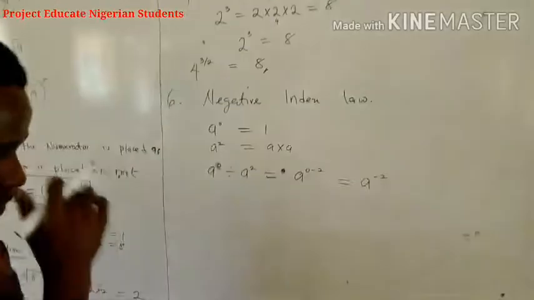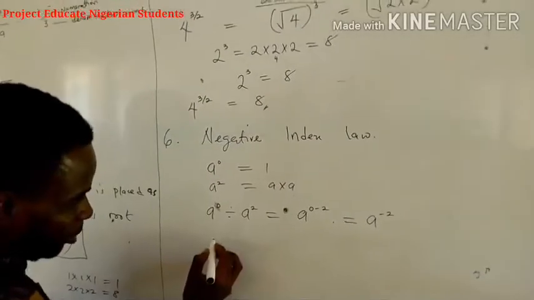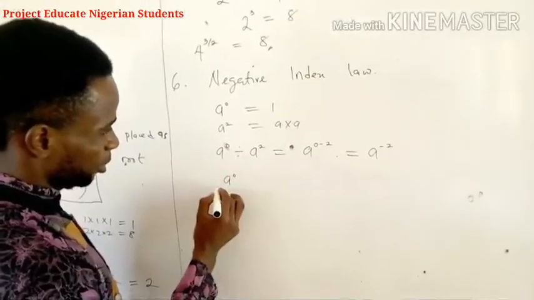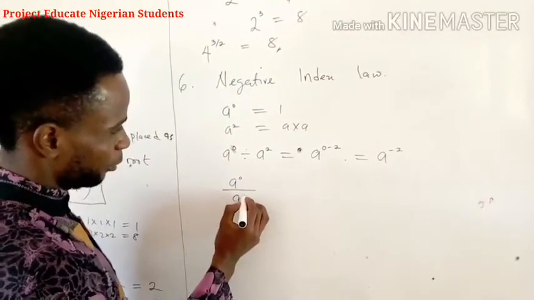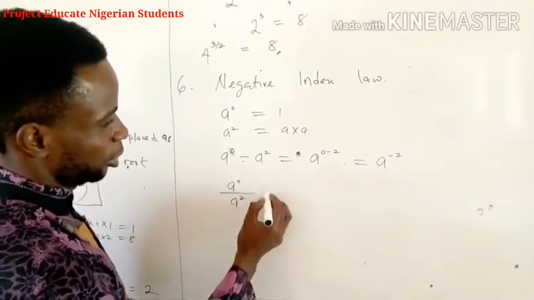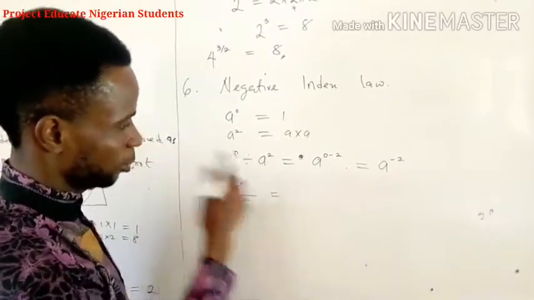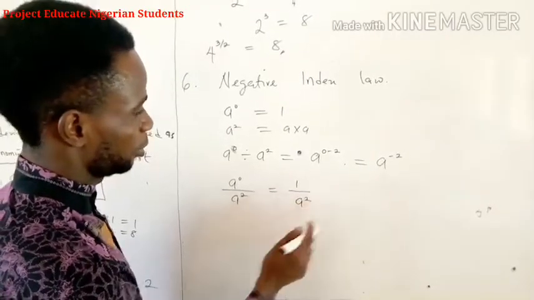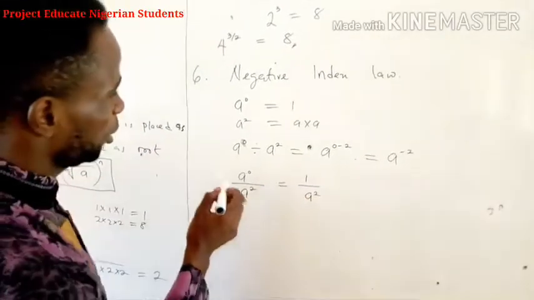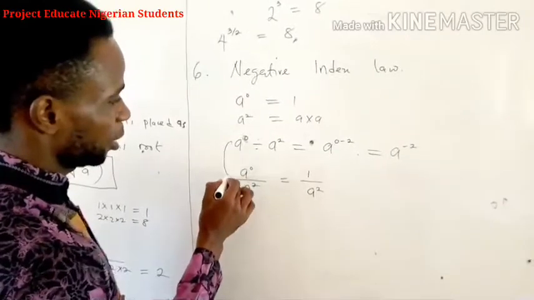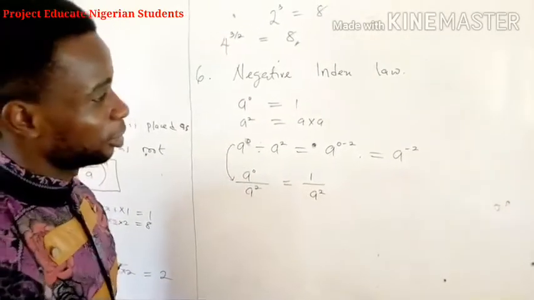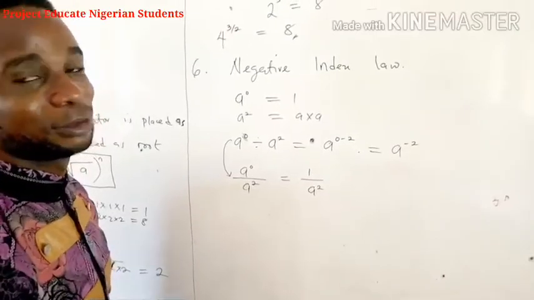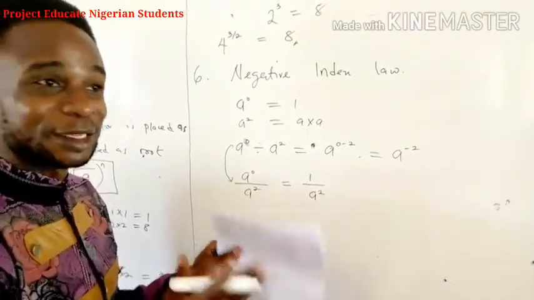But let's look at it this way. If we have a raised to the power of 0 divided by a raised to the power of 2, this is equal to 1 over a raised to the power of 2, since a raised to the power of 0 is 1. So if you watch the statement here and here, they are the same, but the results are in a different form, but they are the same result.